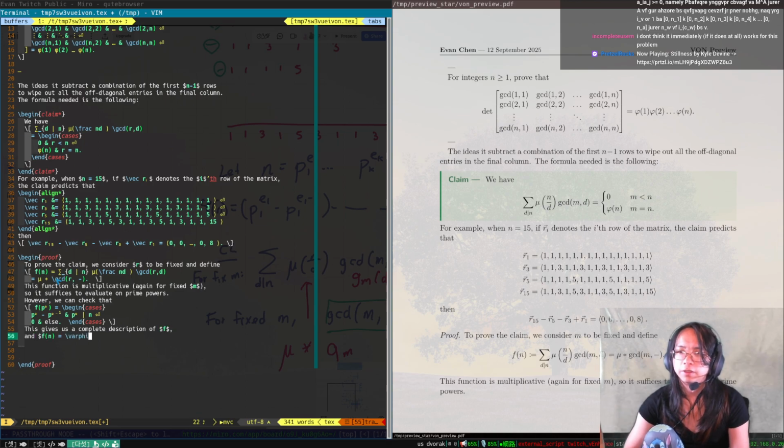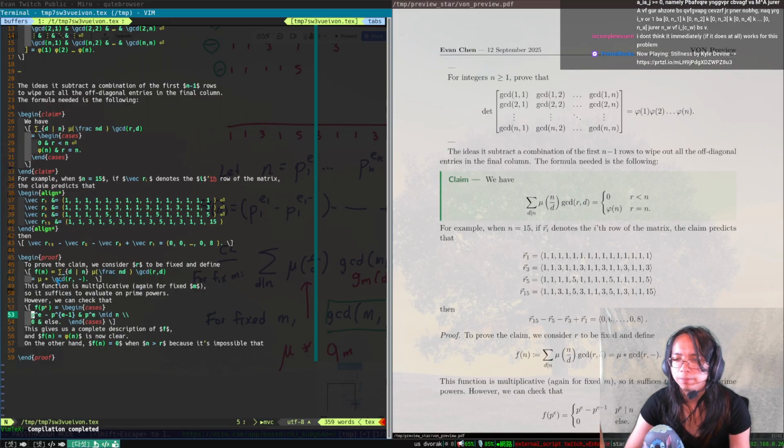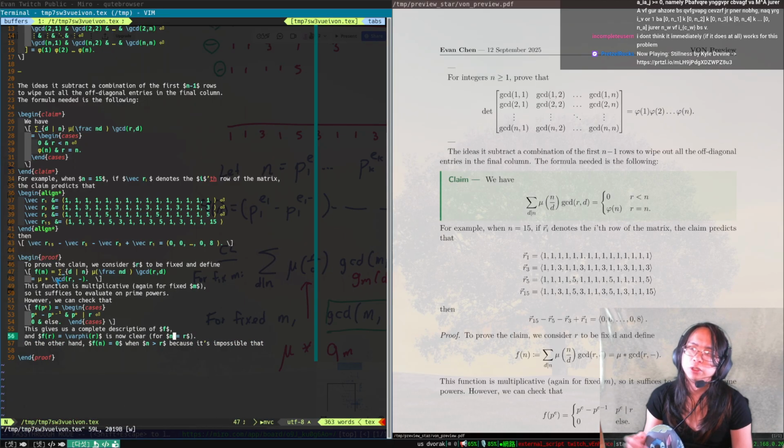And f of n equals n is now clear. On the other hand, f of n equals 0 when n is greater than R, because it's impossible that, sorry, I screwed up, p to the e divides R. Yeah, it's kind of confusing because you want n to be the variable, but R is actually the fixed thing.